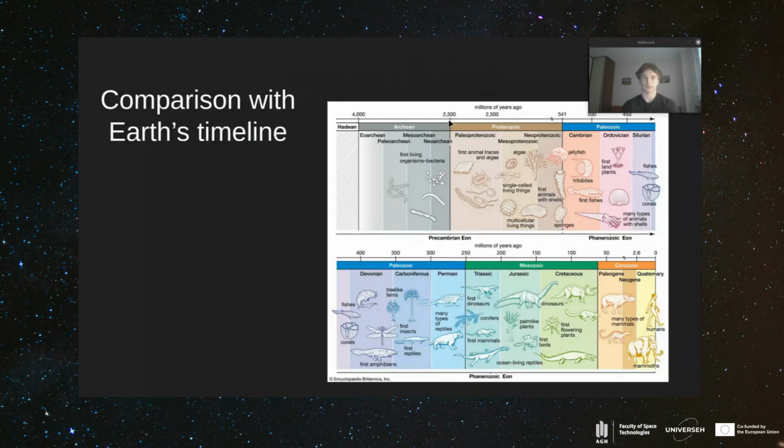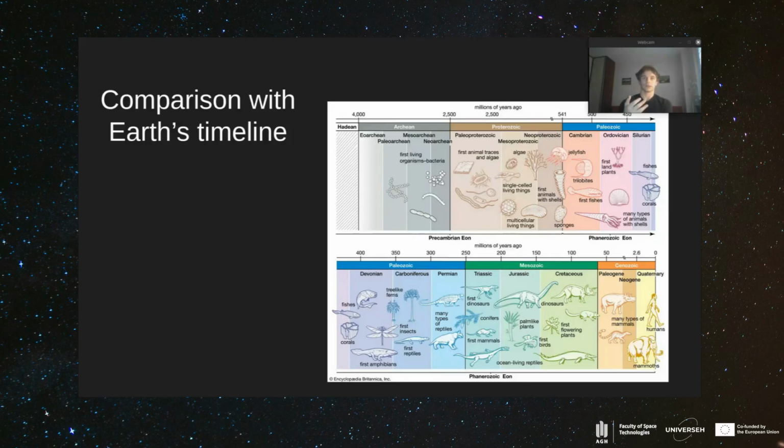Here on this graph, we can see 2,500 million years ago, and the first life on Earth is from more than 2.5 billion years ago. It's cyanobacteria, I think on stromatolites, and it was the first photosynthesizing organism.